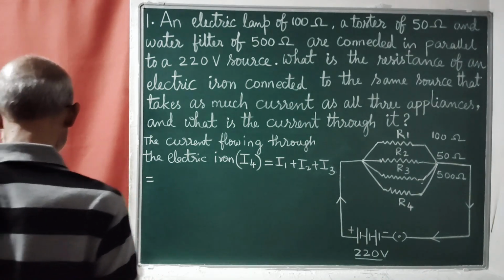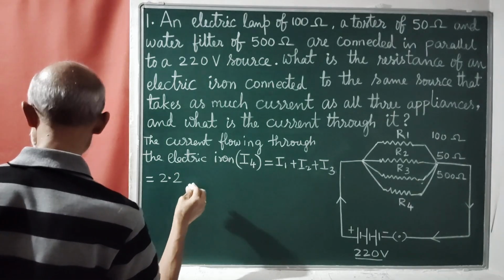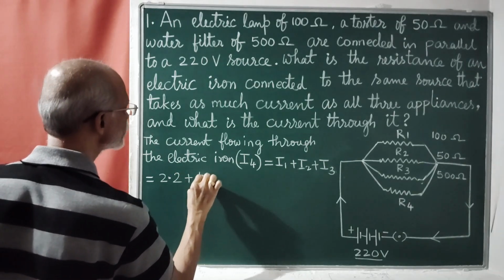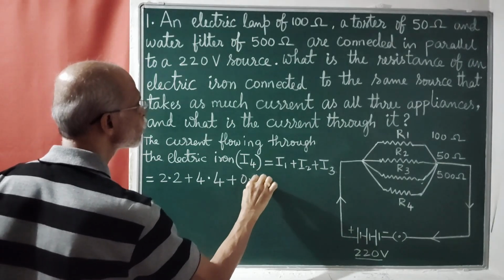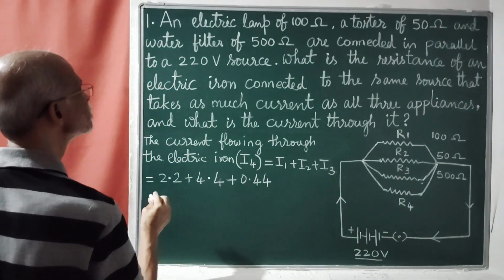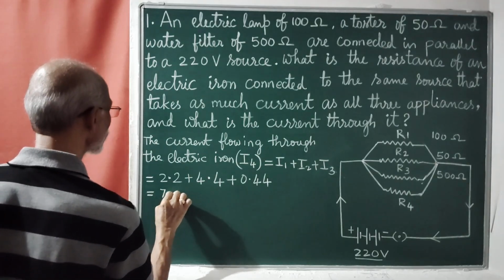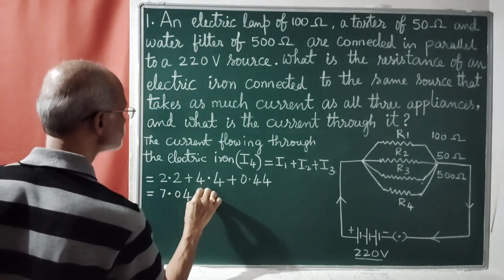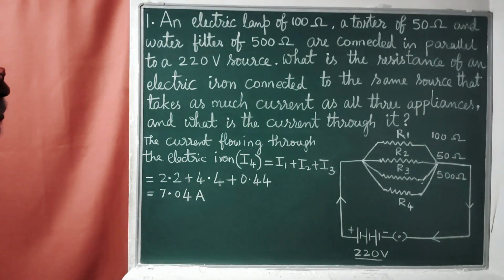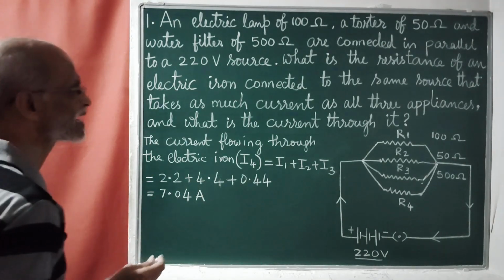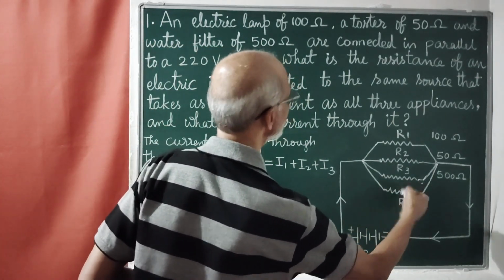That's equal to 2.2 plus 4.4 plus 0.44. That's equal to 7.04 amps. So we have calculated the current flowing through R4, that is the electric iron.